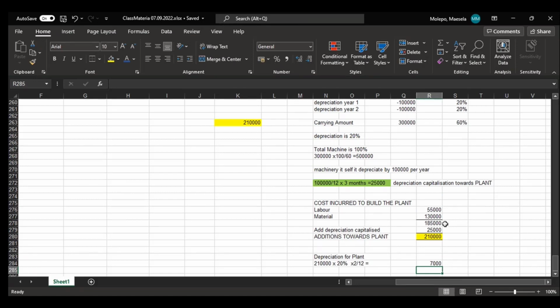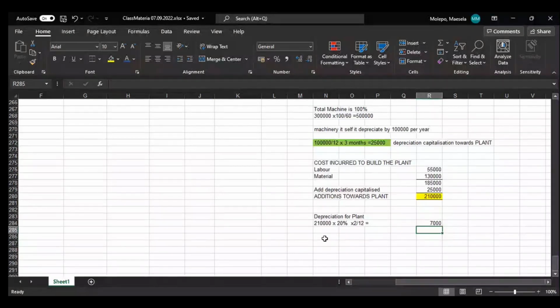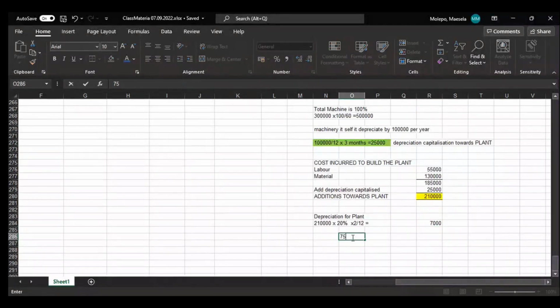So now our depreciation for the plant and machinery will be how much? The total depreciation. I think we'll have to take 75,000 plus the new one that we calculated right now, that is 7,000. So 75,000 plus the 7,000 is going to be 82.